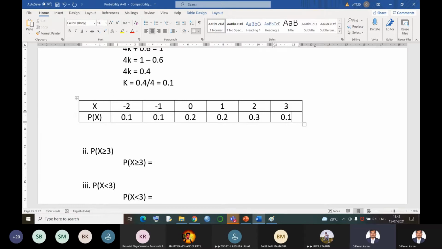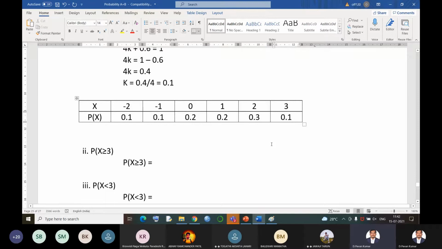Once again, if you want to find out whether the total probability is 1, just add these values. 1 plus 1 is 2, 2 plus 2 is 4, 4 plus 2 is 6, 6 plus 3 is 9, 9 plus 0.1, that means 0.9 plus 0.1 is 1.00. Therefore the total probability is equal to 1. Hence it is a probability function.